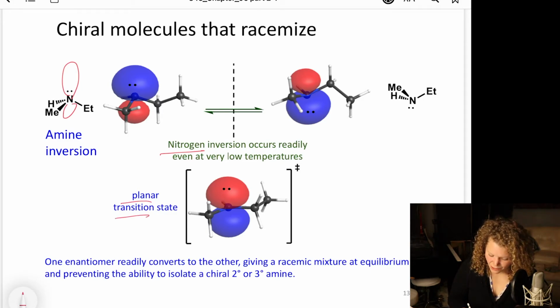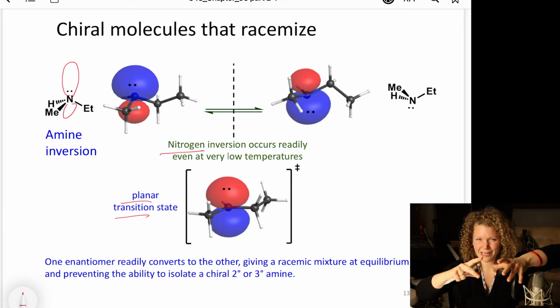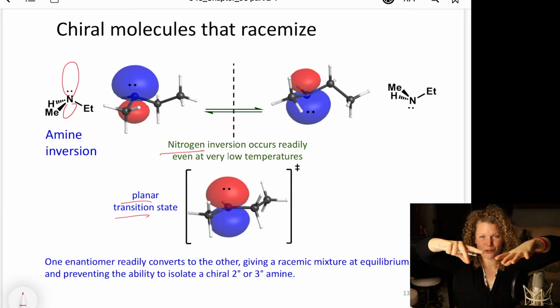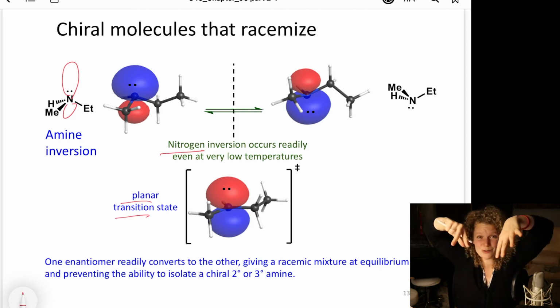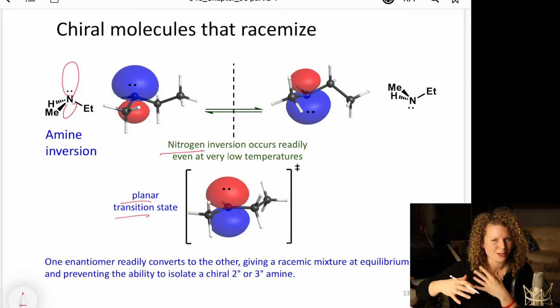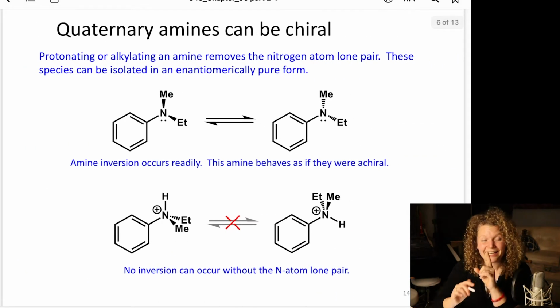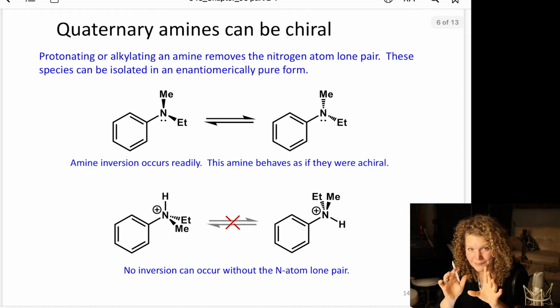We have this planar transition state that it goes through. So essentially you have this tetrahedral type shape, and then it rotates into a flat transition state, and then it goes up. So this really makes it impossible to isolate a chiral amine. However, you can isolate a chiral ammonium, okay?